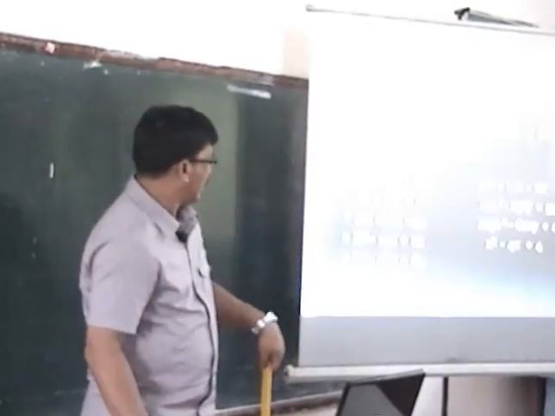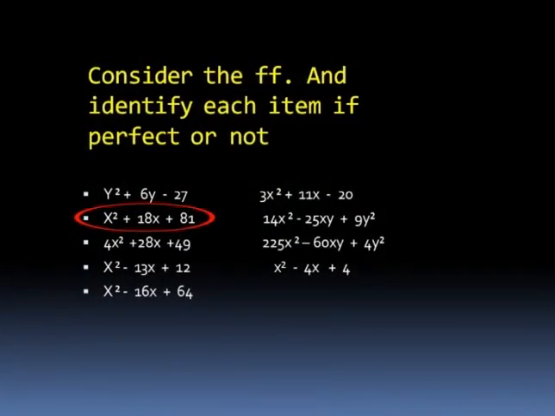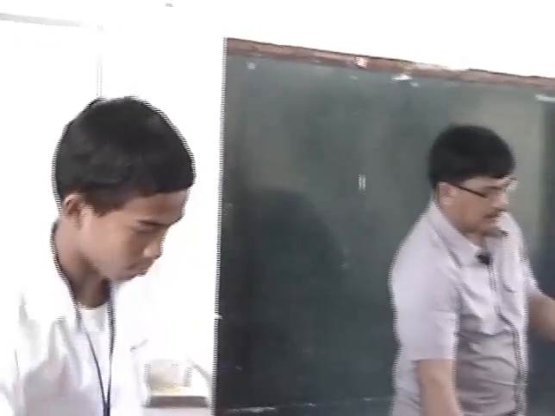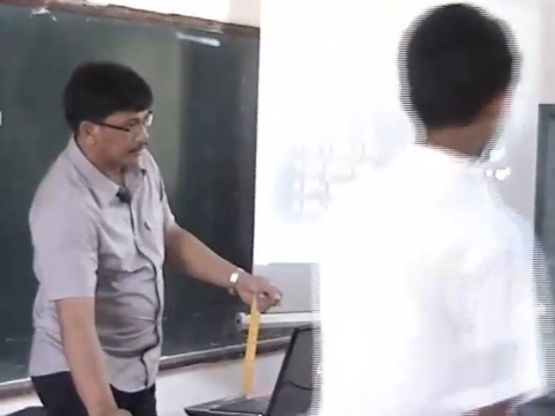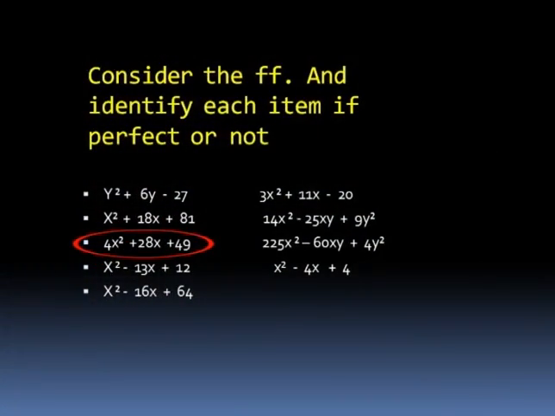What about the second one? Yes, Mr. Abarca? x squared plus 18x plus 81 is a perfect square. The third one? Yes, Miss Injunila? 4x squared plus 28x plus 49 is a perfect square.